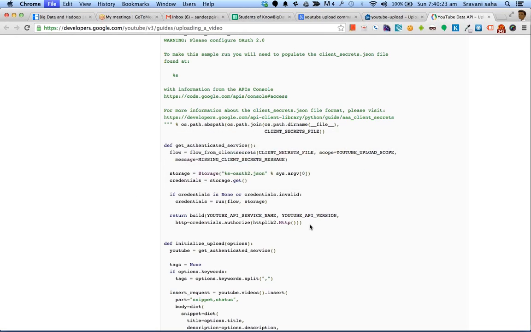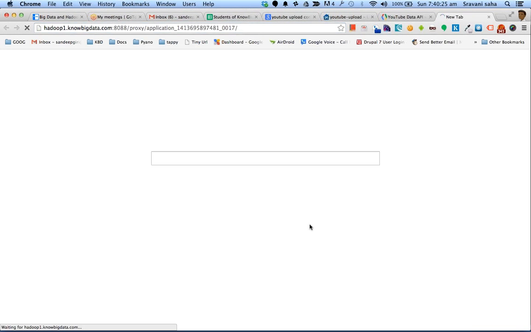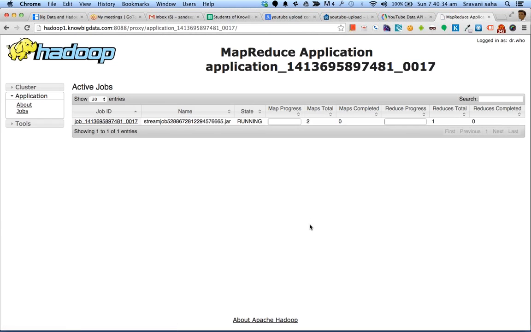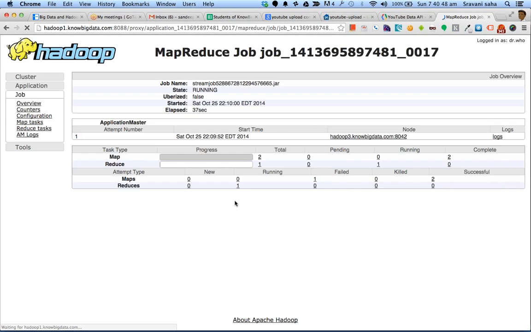It created a job and then gave you a URL to monitor it. There are a total of 2 maps, and they are being run in parallel. The map process has finished, and now the reduce is running.